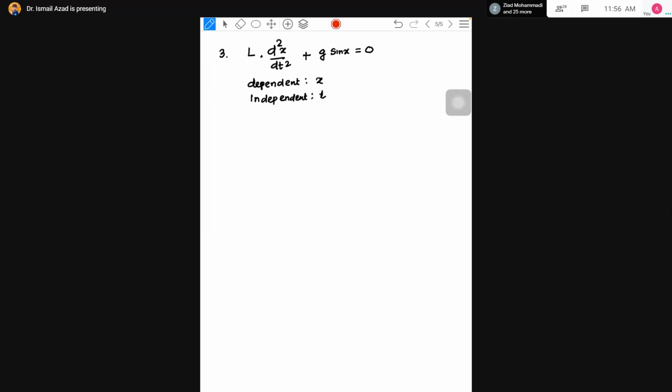Now check for test 1. Does it pass or not? Some said it fails because the derivative is not one, but the degree is 1.